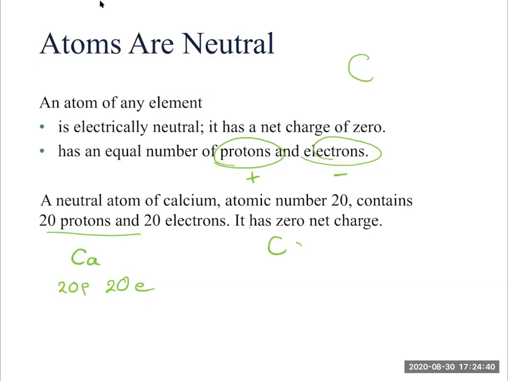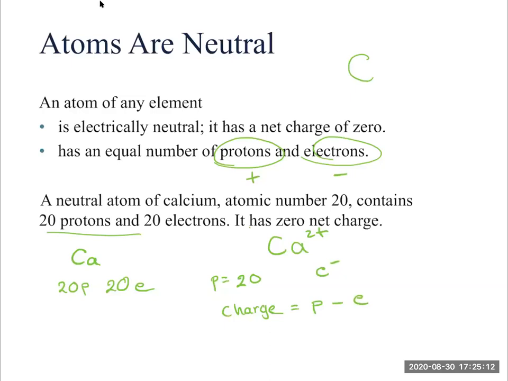However, if I give you calcium 2 plus, and I ask you, and this is in the quiz or test, how many protons, you're going to say 20. And if I ask you how many electrons, you should be able to tell that it's going to be 18. But if you don't know, the way you're going to do it is charge equals protons minus electrons. In this case, the charge is 2 plus.